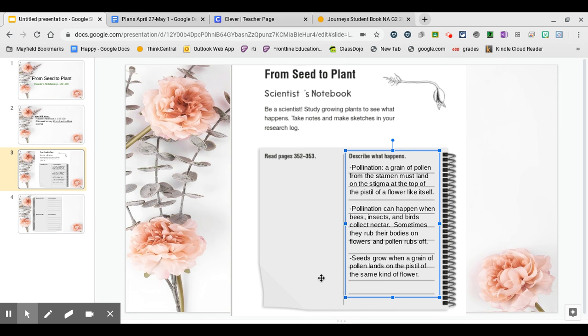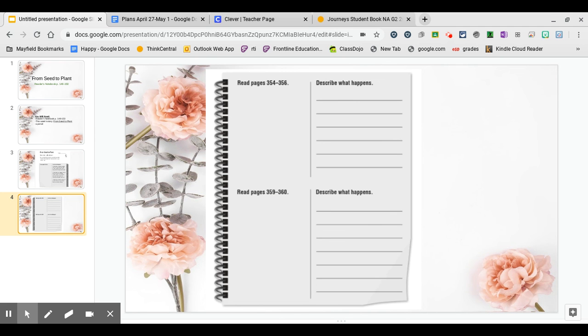You could label the different parts, such as the pistil, the stamen, the grain, the ovule. Now, when you are finished copying my notes from this page, you can add your pictures, pushing pause, and then when you're ready, you can move on to page 150.